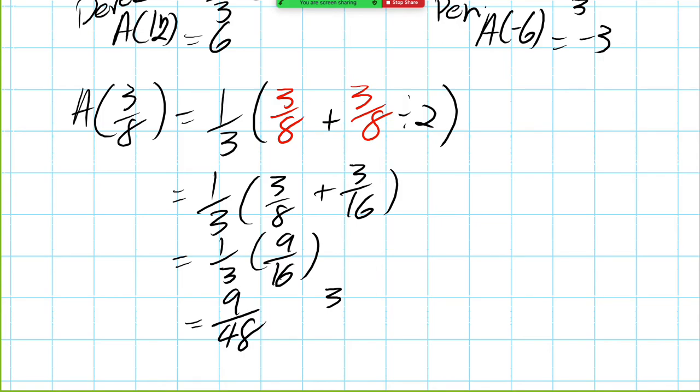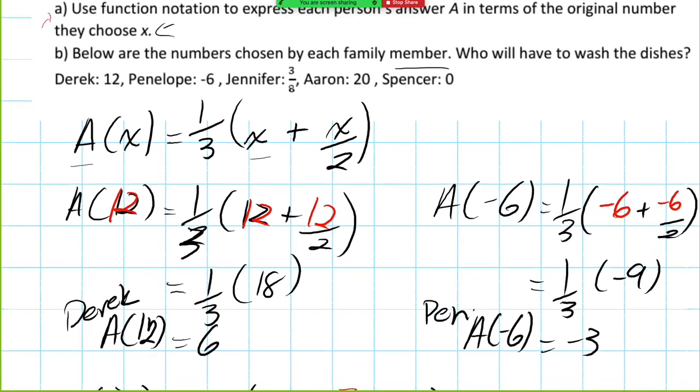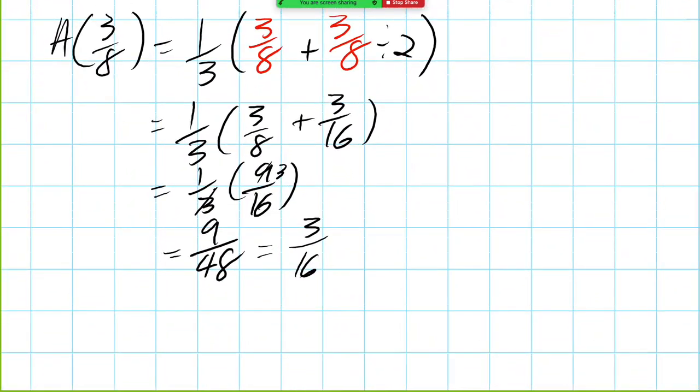Yeah, and that probably would have made more sense if we had just done this in the first place. Reduced, divided that by 3 and that by 3. We got 3 over 16. Okay. So 3 over 16, I don't remember whose answer that was. Jennifer's. So Jennifer's in the clear. So is Derek. There's Jen's answer.